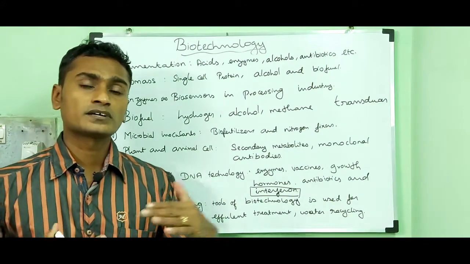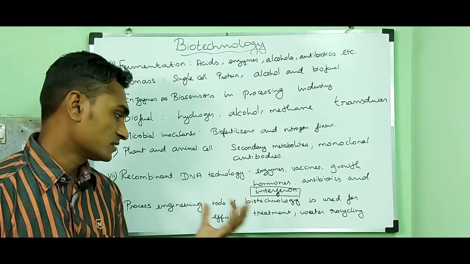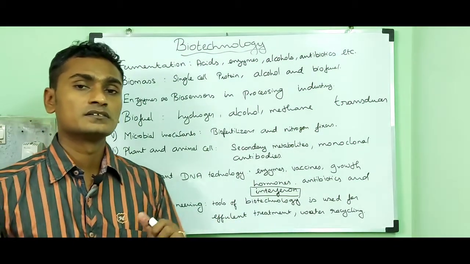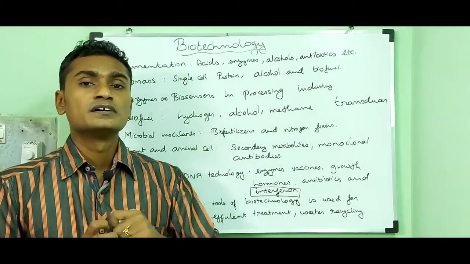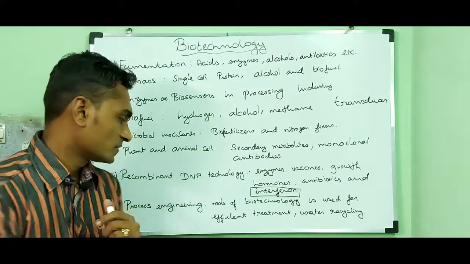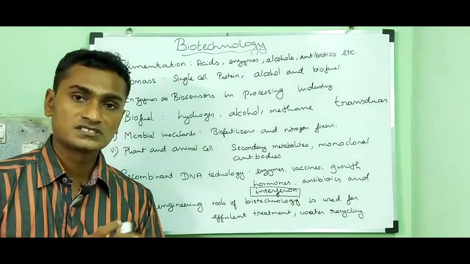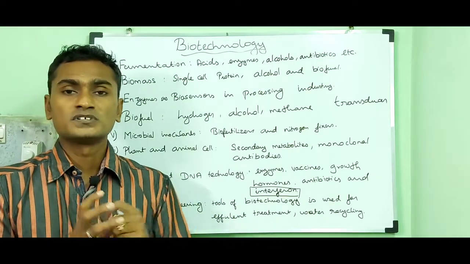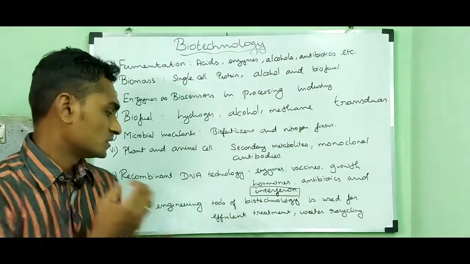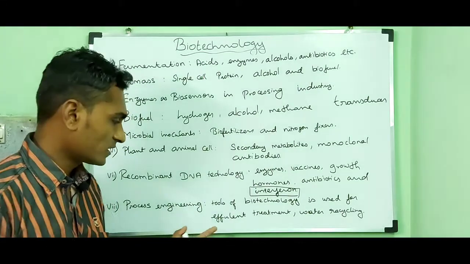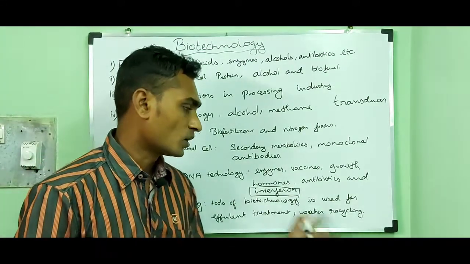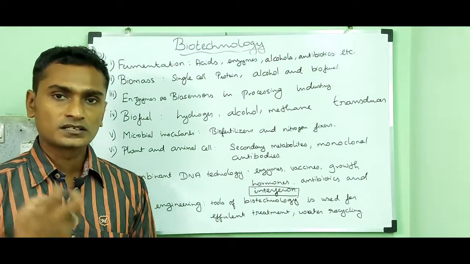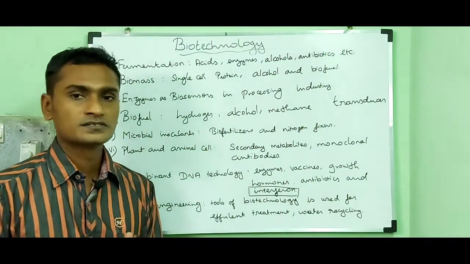That means microorganisms are used in the techniques to treat effluent, and the microorganisms can remove the contaminants from the effluents, because they can oxidize those contaminants. And also in water recycling, we can use microorganisms to remove the contaminants from water.